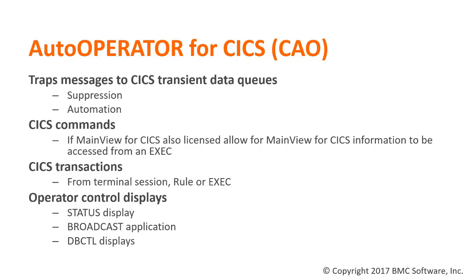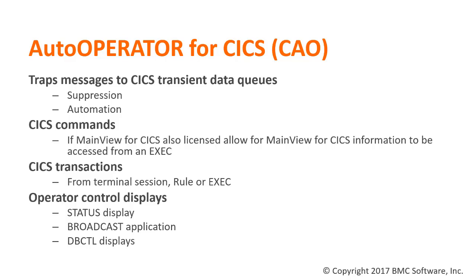AutoOperator for CICS can also be used for issuing CICS commands based on a particular condition or event, and CICS transactions may also be started through AutoOperator. The operator control displays, or OCDs, that are available within AutoOperator for CICS will allow you to verify the status of your CICS regions, and send broadcast messages to all CICS connected terminals, for example, to notify users that a region is being brought down.